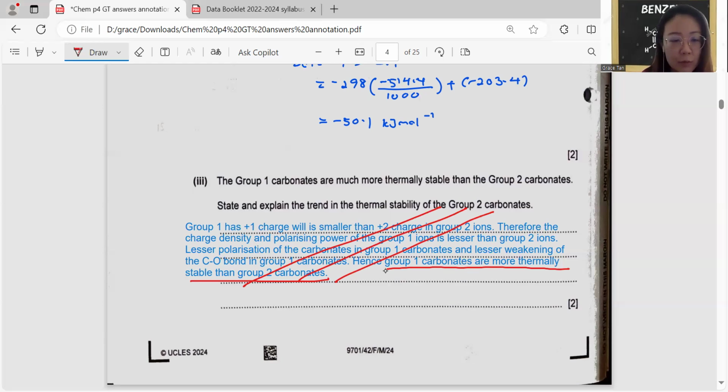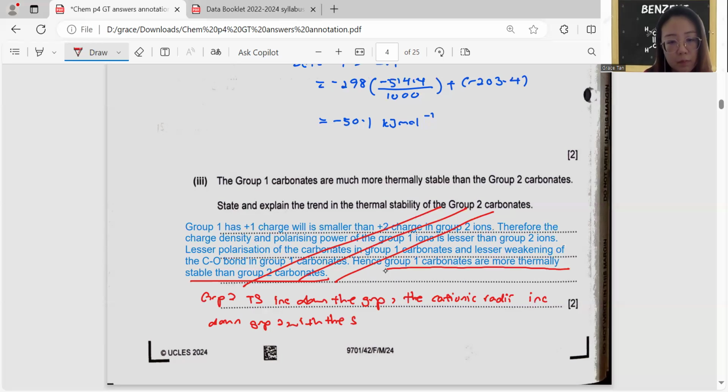Now, so group 2 thermal stability increases down the group. Okay, that's one point. Okay, why? Because the cationic radii increases down group 2 with the same positive 2 charge.